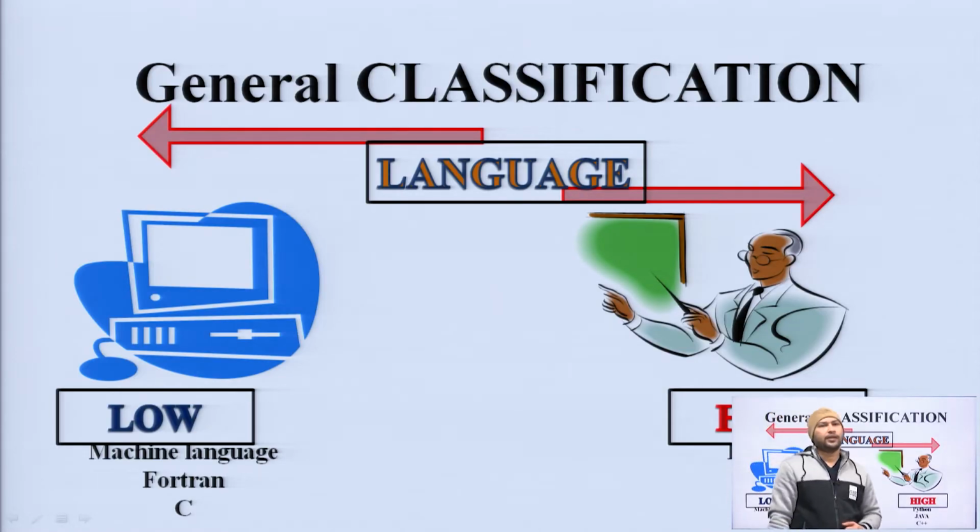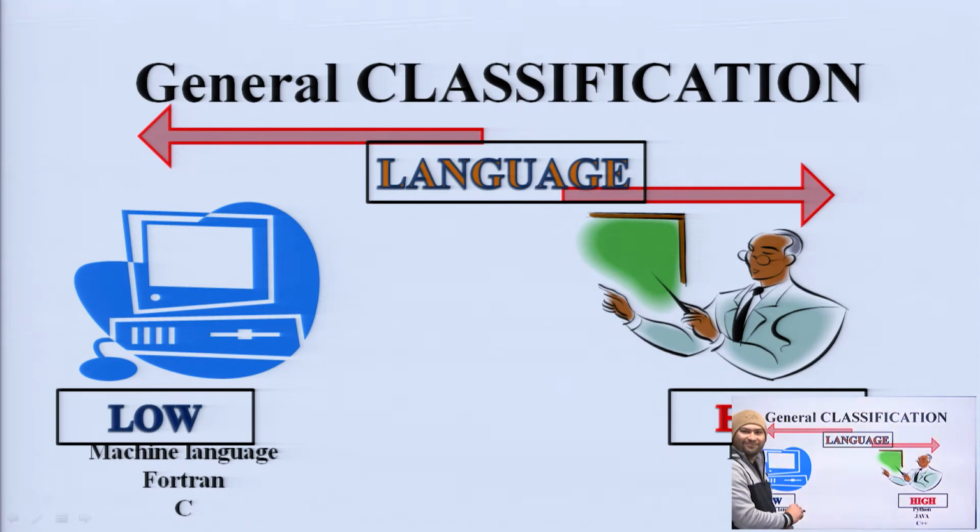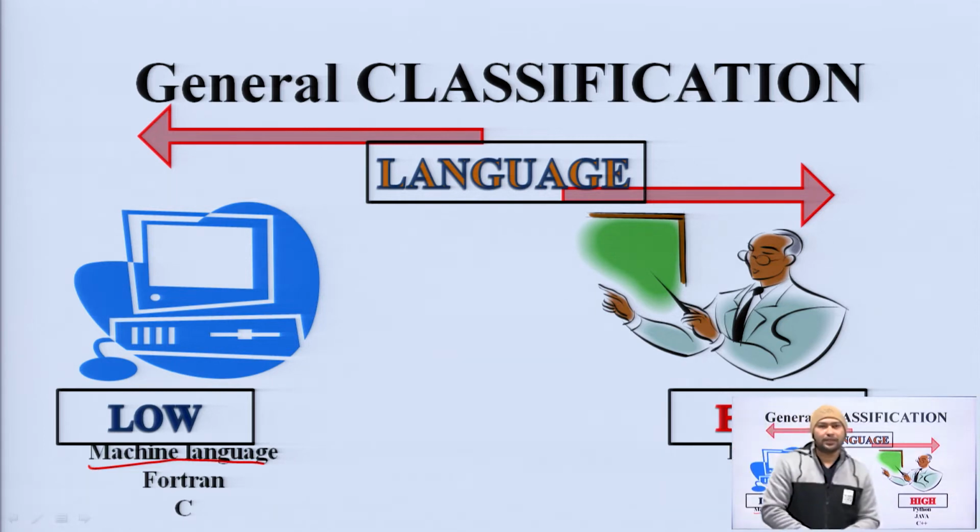Before we start with Python, let us look at the general classification of a language. In programming, generally we have two types of languages. One is machine language, which is referred to as low level language. Generally, it is the most favorable for machines. The language is 0 and 1, or we can say the binary language, and it is related to low level machine language.